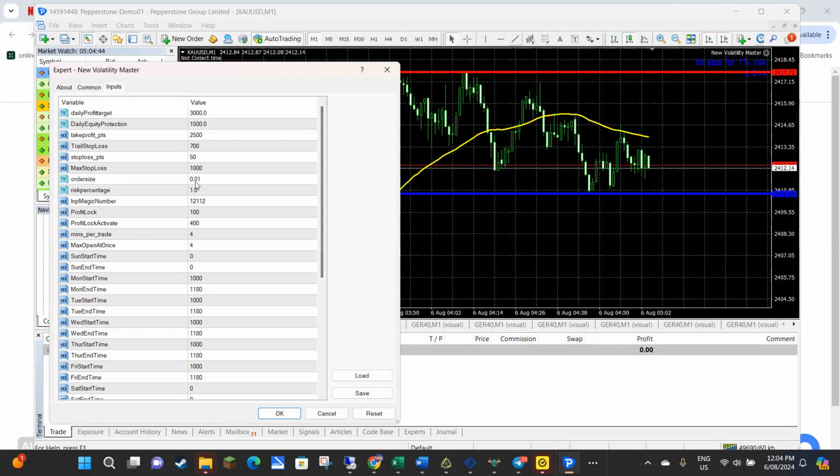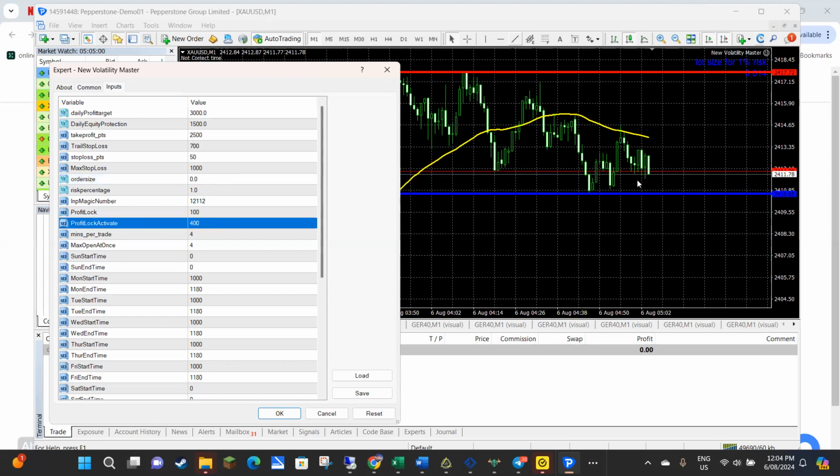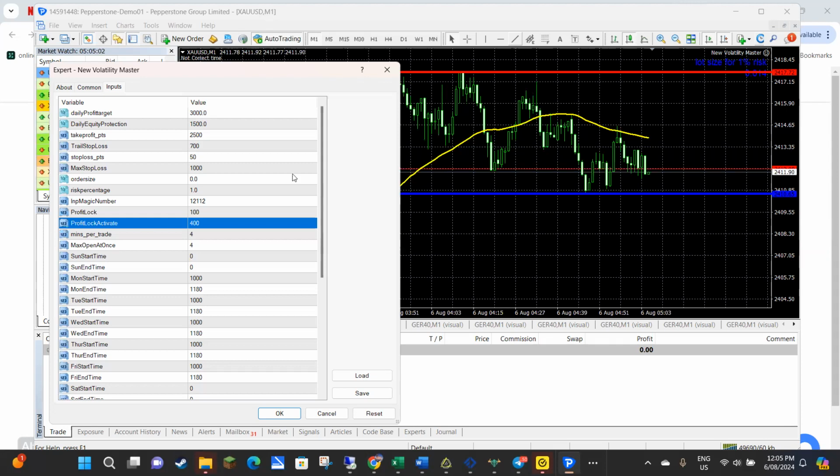The order size we have set at 0.01. This will mean that every single trade that gets placed will be 0.01. If we set this to 0, the software will automatically calculate the lot size needed to assume a 1% risk.